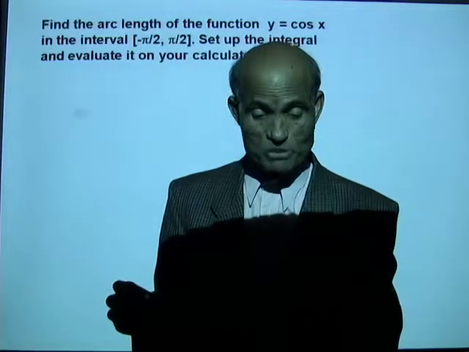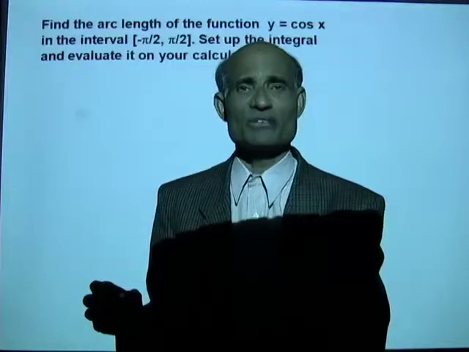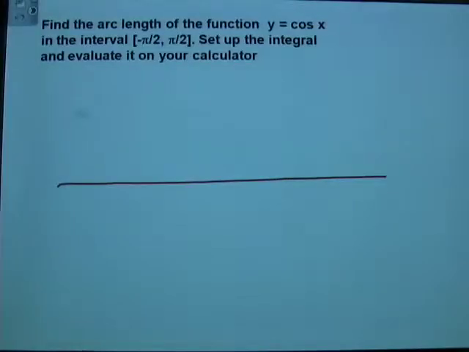Now, can you picture the graph of y equal to cos x? What's the graph of y equal to cos x? Now, look at the graph I'm going to draw on the board for y equal to cos x. This is negative pi by 2, and this is pi by 2. That is pi, and that's negative pi. Now, how will the graph look?